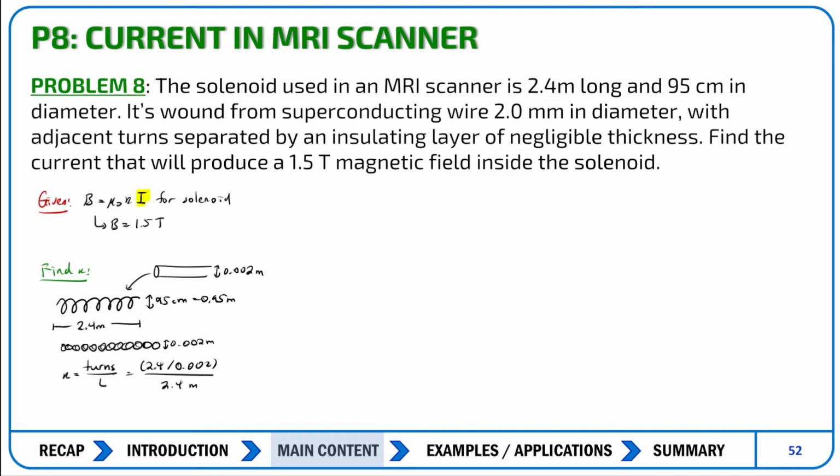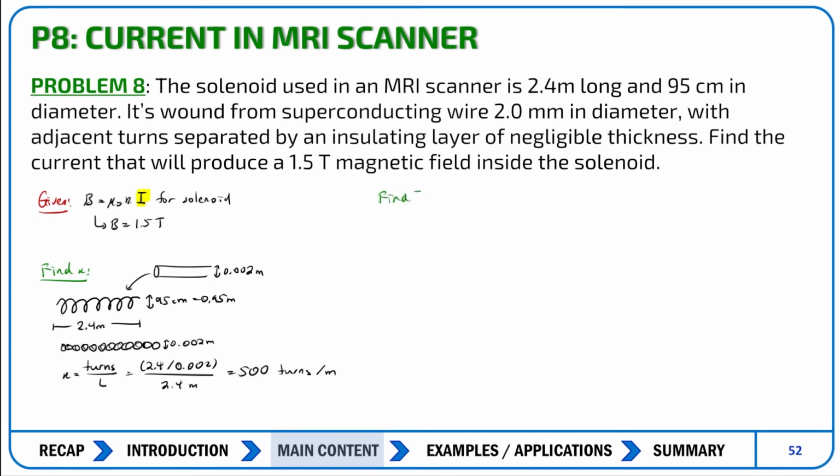Okay, so that gives me 500 turns per meter. Now we're going to solve for the current.